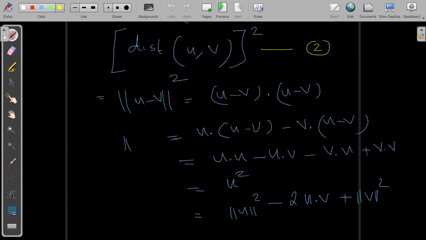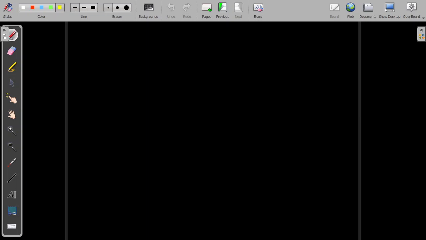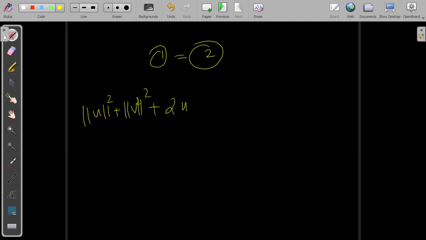That means, from the one equation, 1 equal to 2, norm u square plus norm v square plus 2u inner product v must be equal to norm u square plus norm v square minus 2u dot v.